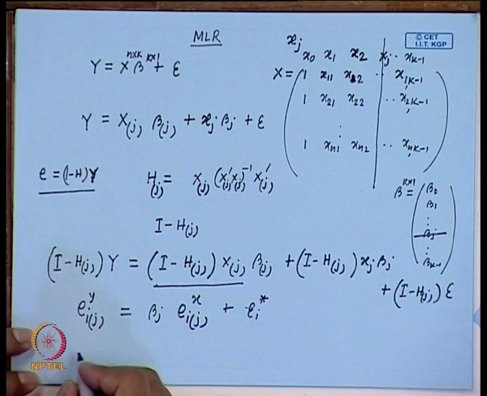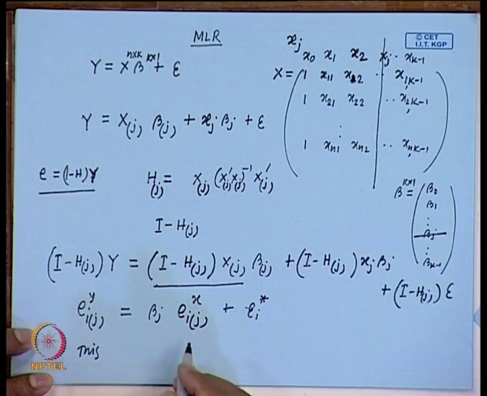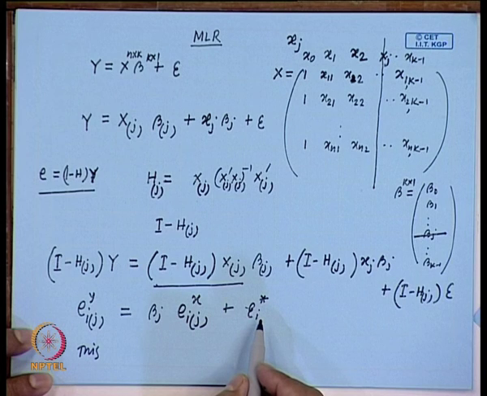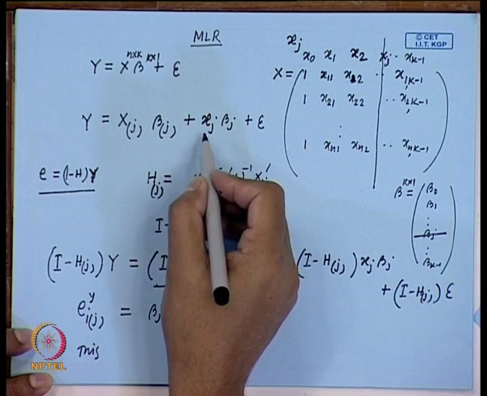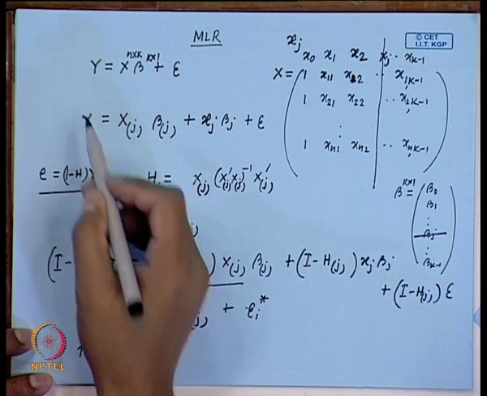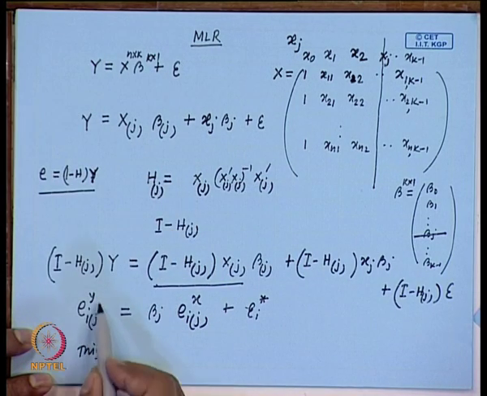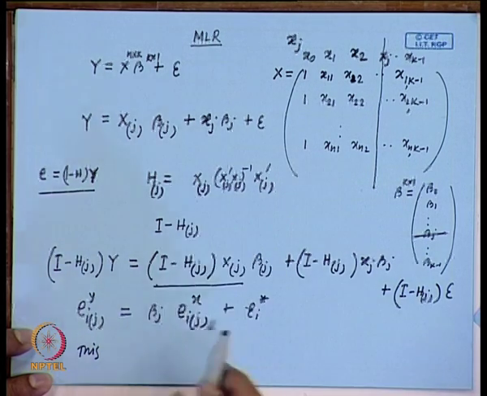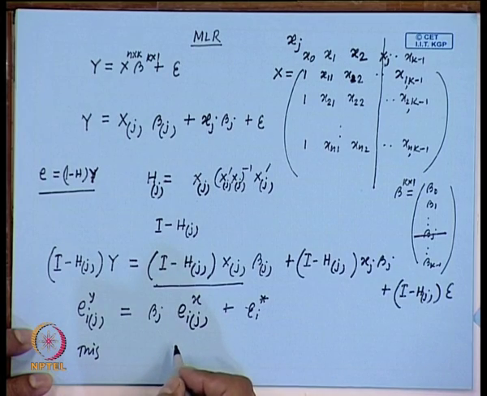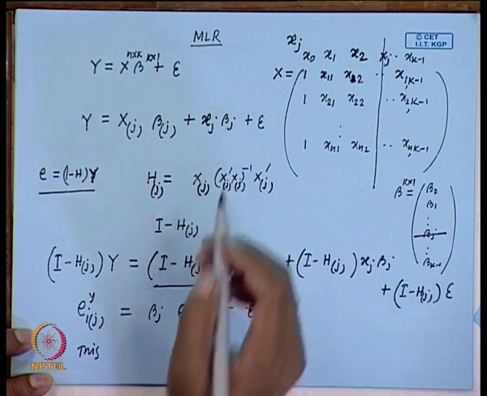So, this shows the relation: if the jth regressor has a linear relationship with the response variable, then the two residuals will also have a linear relationship with the same slope, the same regression coefficient.